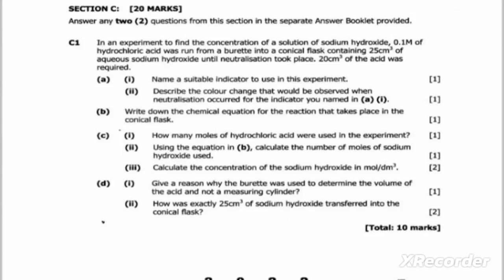Question C1 reads: in an experiment to find the concentration of a solution of sodium hydroxide, 0.1 molarity of hydrochloric acid was run from a burette into a conical flask containing 25 cubic centimeters of aqueous sodium hydroxide until neutralization took place. 20 cubic centimeters of acid was required.